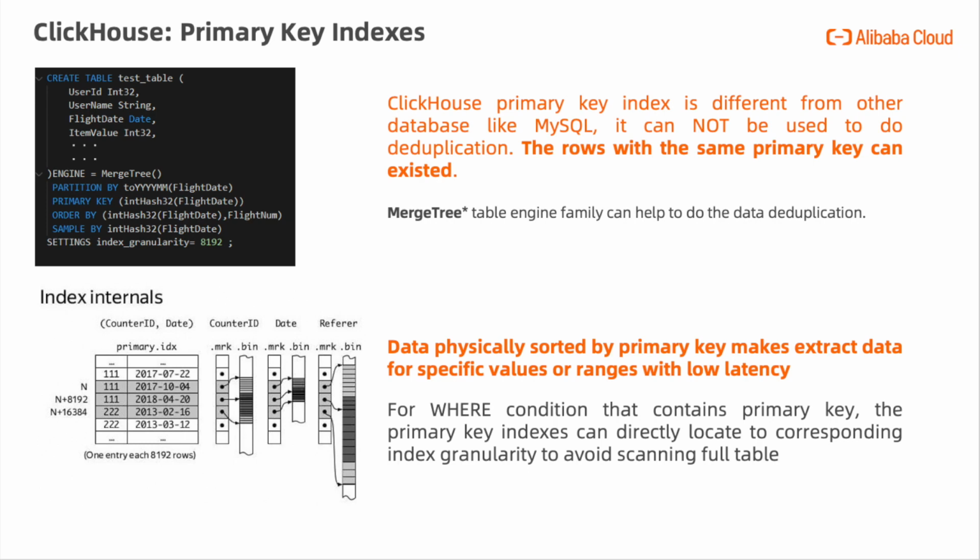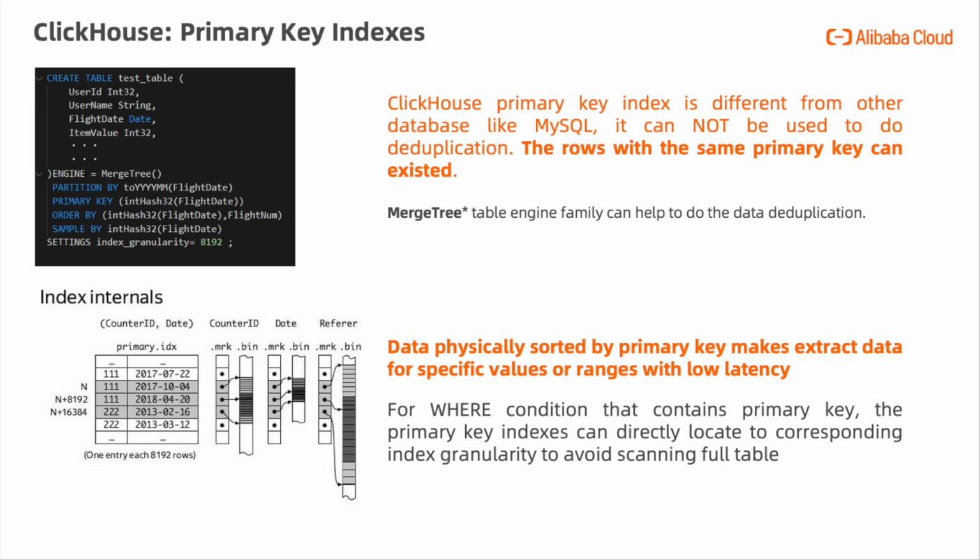The reason behind the duplicated primary key design, as we mentioned before, is that the compression rate of ClickHouse data is incredibly high because the data is compressed by column. The same data type performs with better compression efficiency. With the primary key, the data is physically sorted, and it makes extracting data for specific values or ranges very low latency, which is a very common scenario in OLAP.